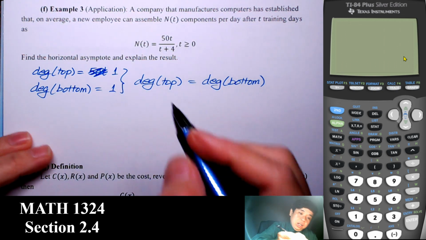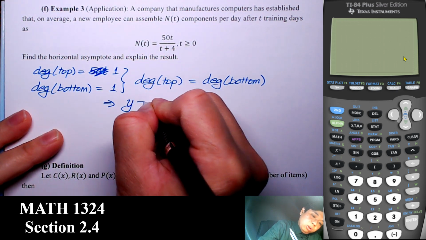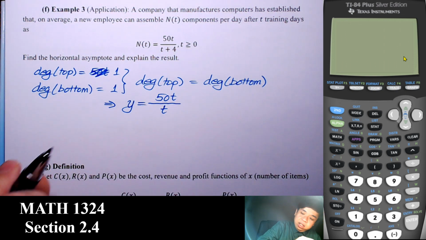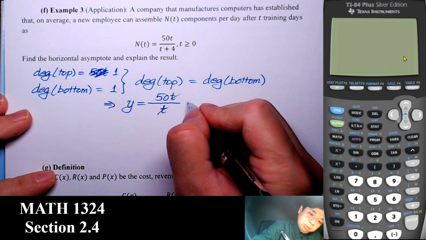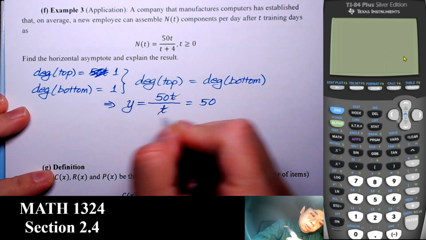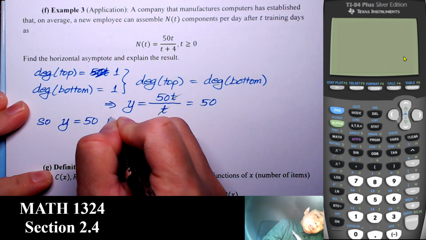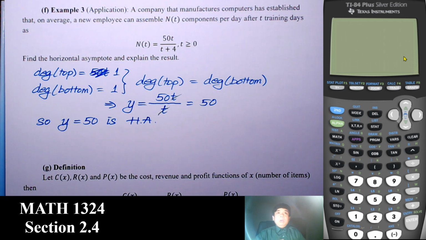So if the degrees are equal, we take the ratio of the leading coefficients, or we just say 50t over t, where we cancel out the t. We have 50. So y equal to 50 is the horizontal asymptote. So we found the horizontal asymptote.